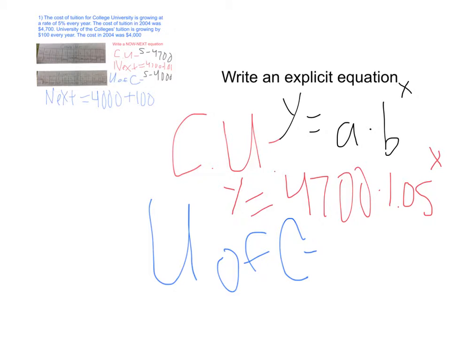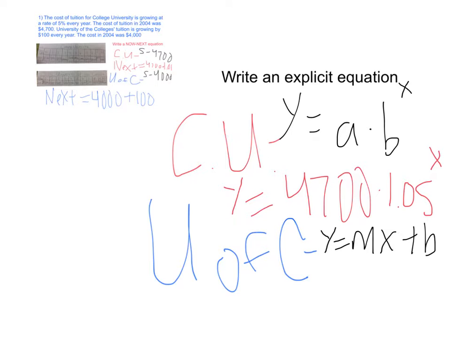Since the University of the Colleges is a linear growth, the equation is y equals mx plus b. M is the slope, and b is the start value.